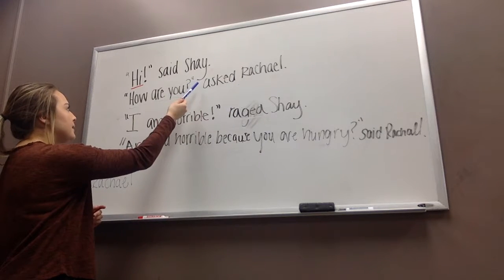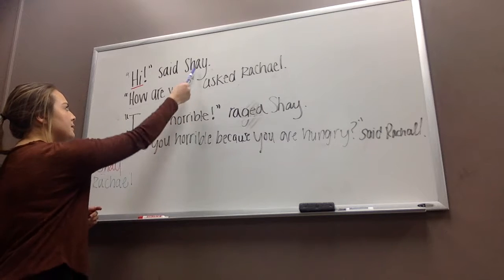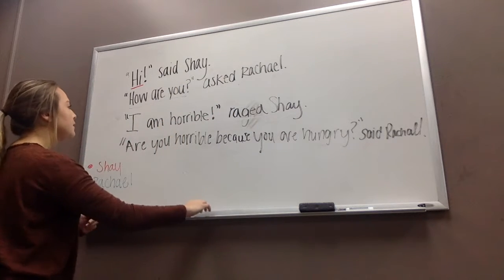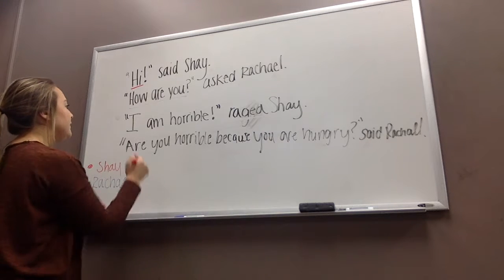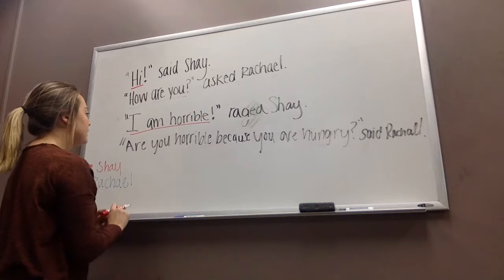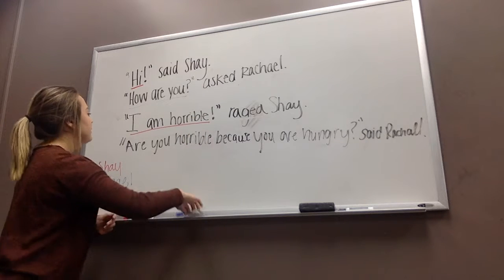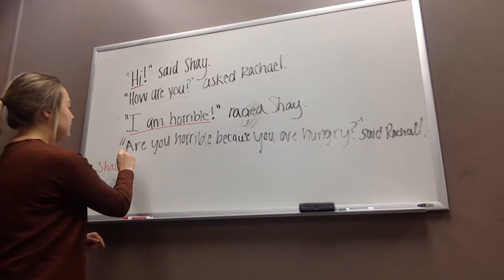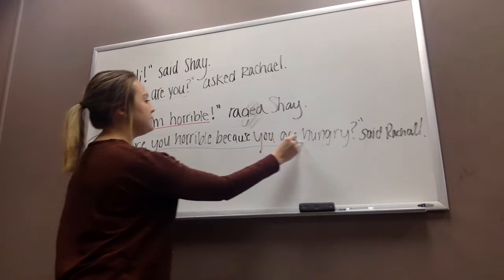Because sometimes students might get confused, oh, is Shay still speaking because she's right here? But no, Rachel's actually asking the how are you? And then, I am horrible, raged Shay. So she is speaking again. And then, are you horrible because you are hungry, said Rachel. And she is saying that.